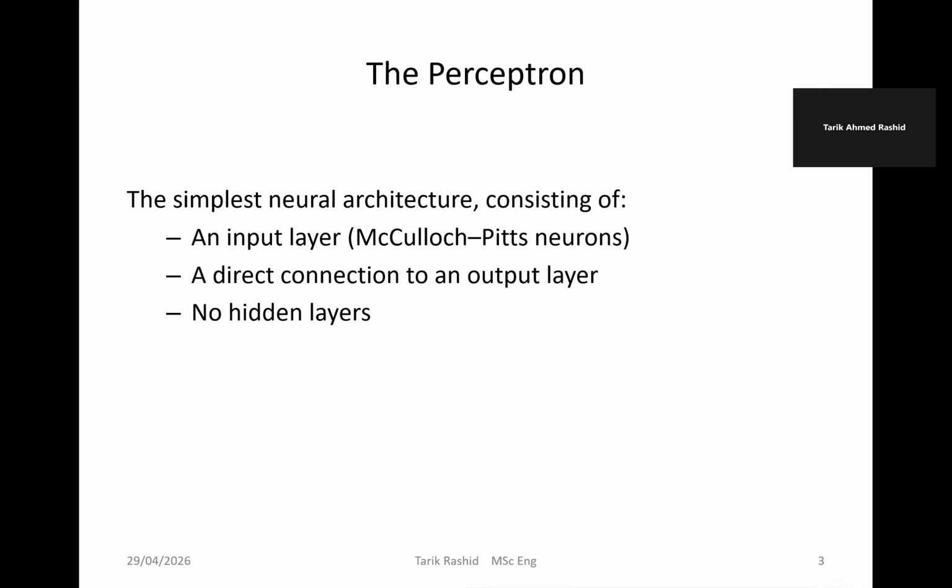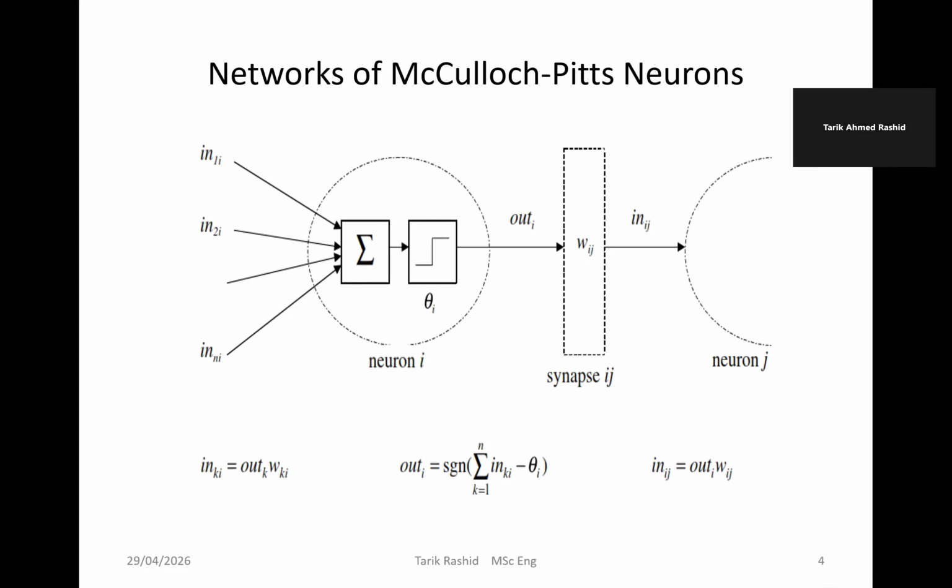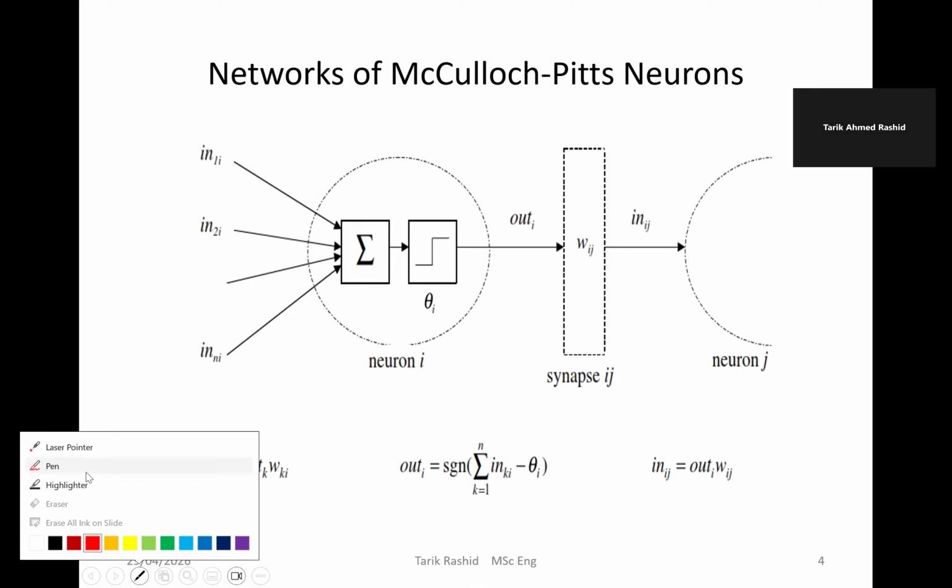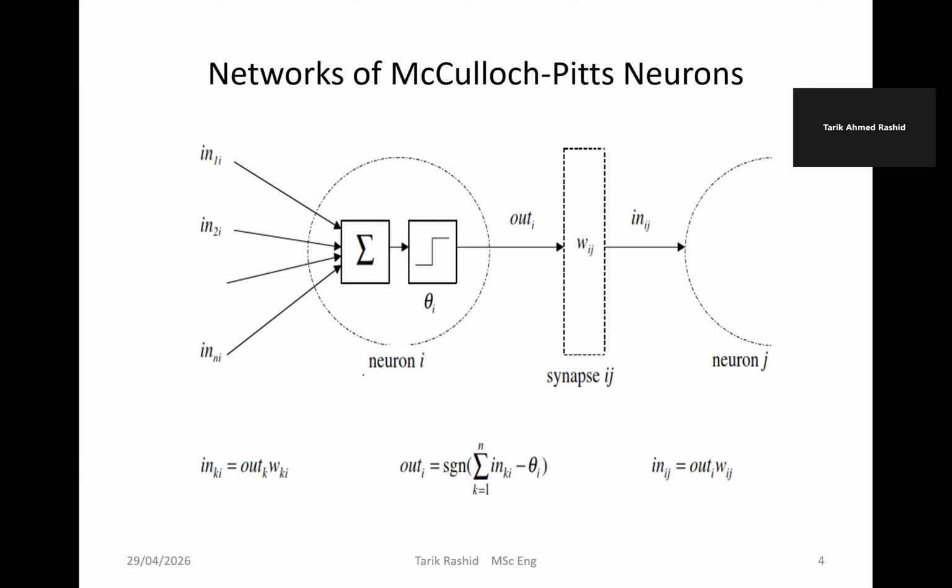Now, the input layer contains McCulloch-Pitts neurons, and there is a direct connection to an output layer, and there is no hidden layer. It's a single layer perceptron. So this is McCulloch-Pitts. You've got many inputs, and they will sum up with weight connections.